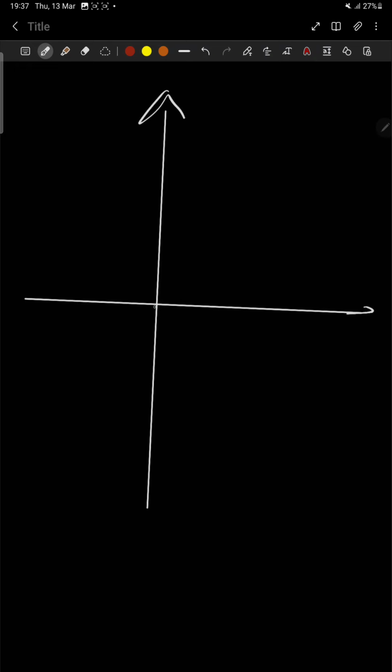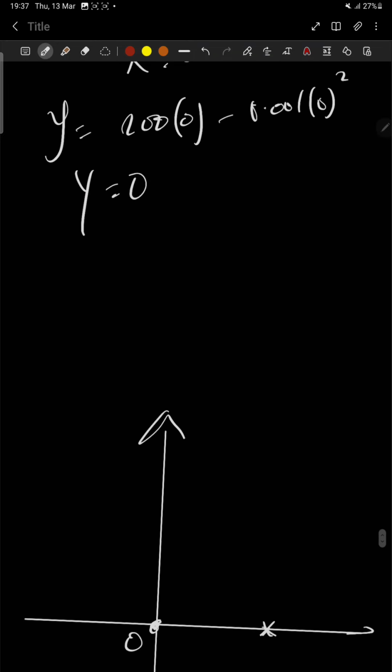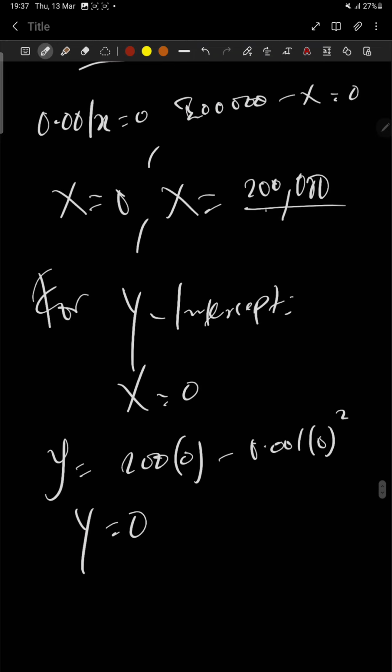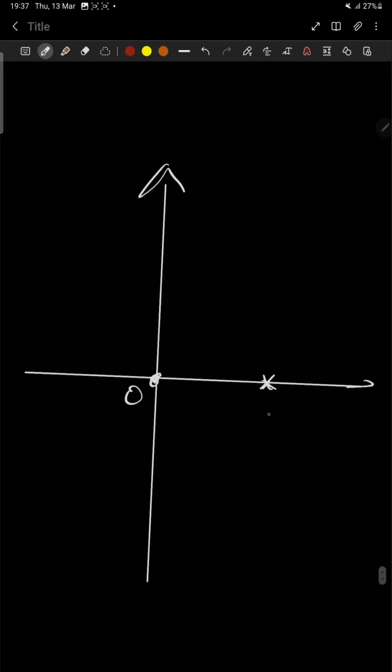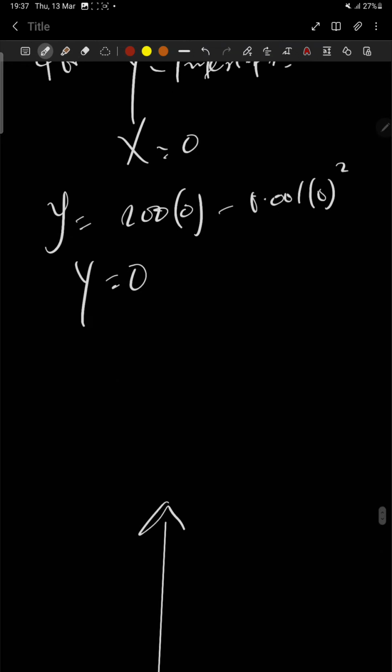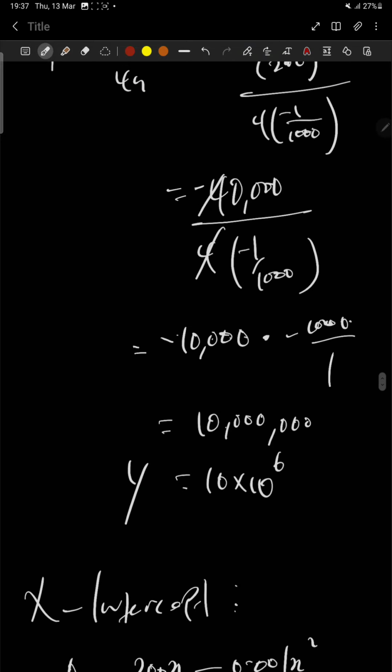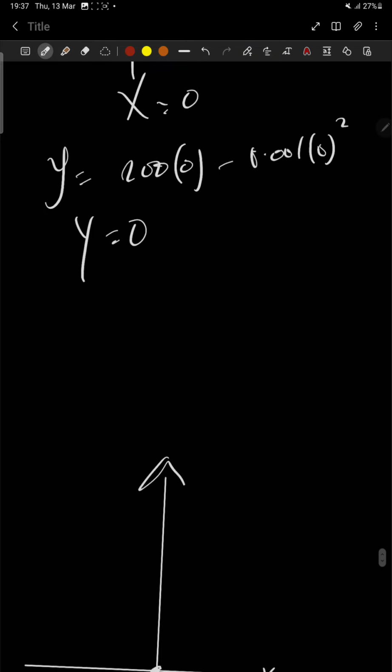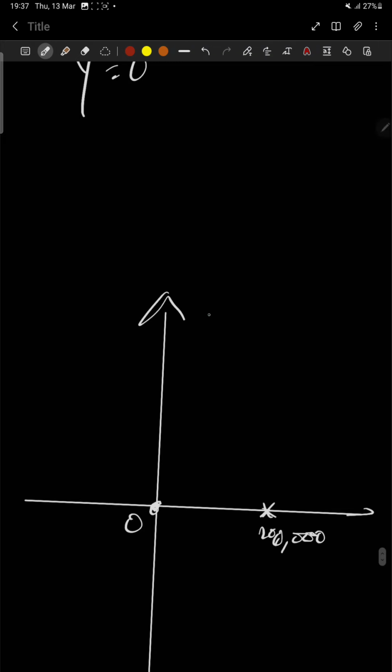So the first thing is the x-intercept and the y, which is here at 0. And the other one is at 200,000. And the coordinates of the turning point are 100,000 and 10 million. Approximately, our 100,000 is in the middle.